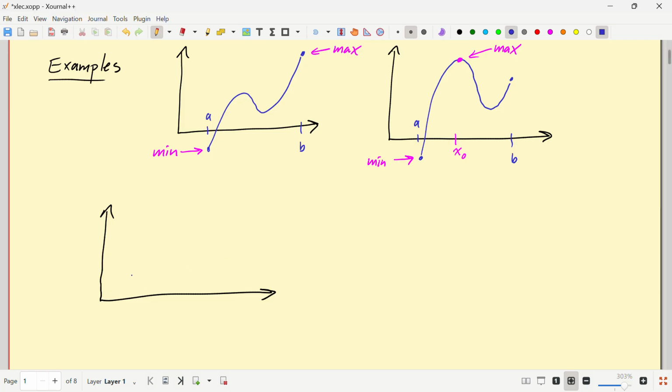How about I make one where the min is down here, and the max might be a kink. So in this one, the min is right there. The max is a kink. And there's spots where they're actually attained.